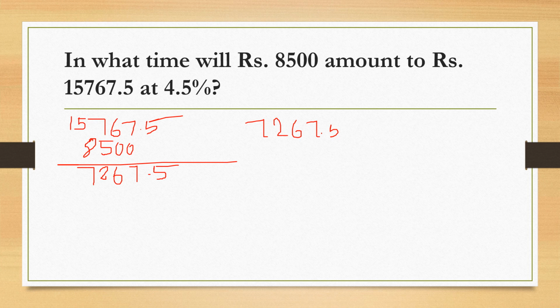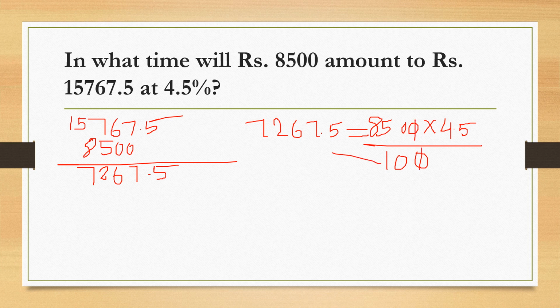7267.5 as simple interest is equal to PNR by 100. P is 8,500, N is the value which we have to find out, and R is 4.5 divided by 100. Here we can cancel this 0 and this 0, and we have to cross multiply this 10 to the opposite side.